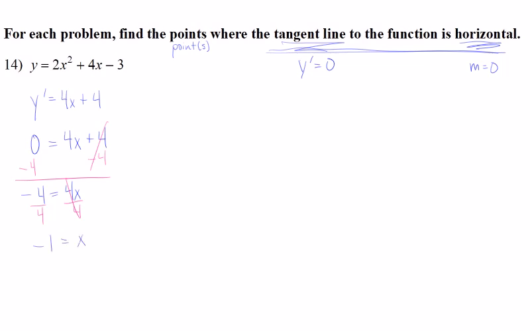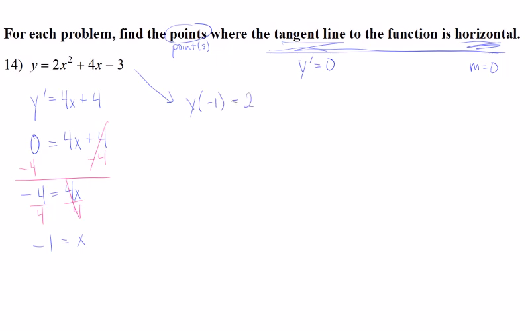Okay? And so it says find the points where the tangent line to the function is horizontal. So this is the x value. And if we want to find the point, like the coordinate point, then we're just going to plug in negative 1 into the original function, right? So what I want to do is just find basically y of negative 1.